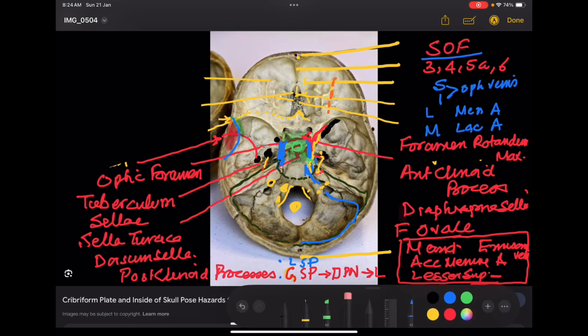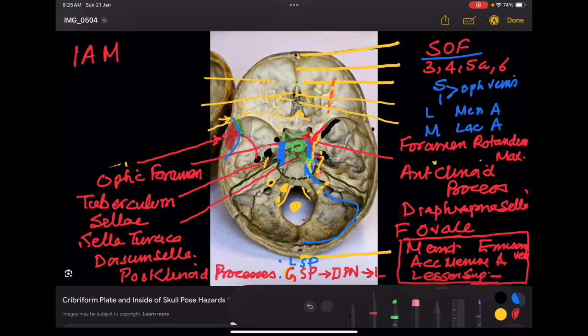In the internal acoustic meatus, you have the structures passing: the seventh nerve, the anterior inferior cerebellar artery, which enters and comes out of it.